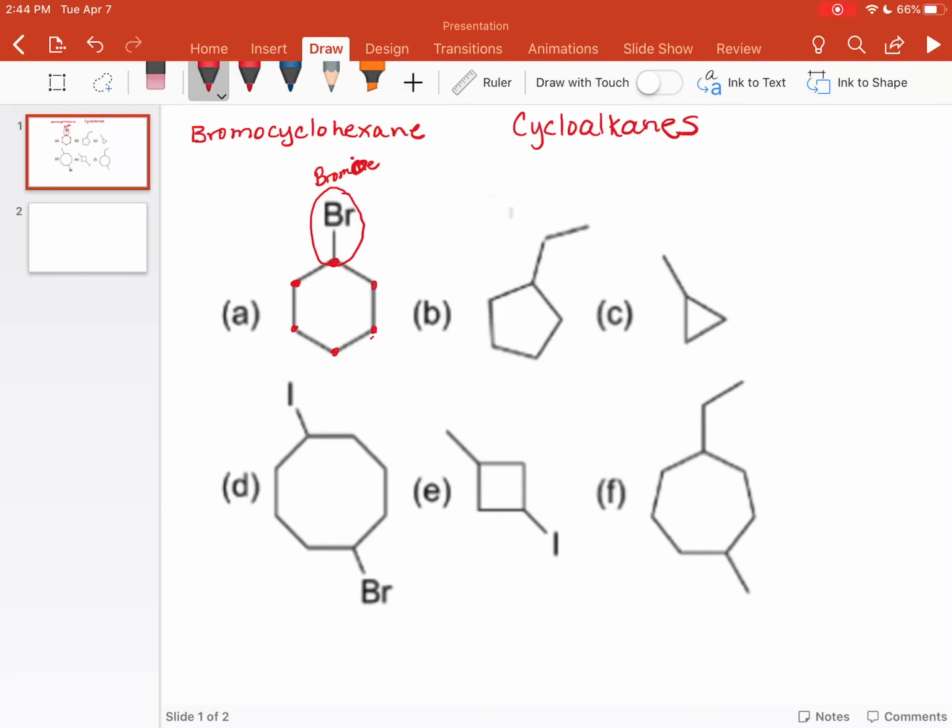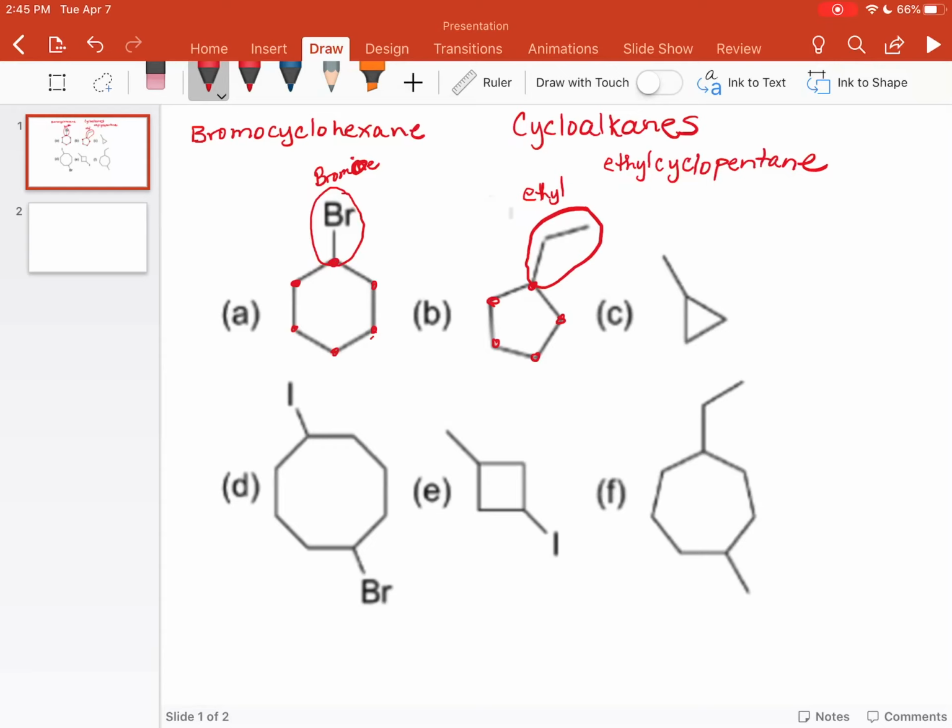So on this one, we have a cycloalkane with 5 carbons. And here we have a zigzag, which is 2 carbons, which means this is an ethyl group. So the name of this one, B, would be ethylcyclohexane. Oh, I made a mistake. There are only 5, so it's ethylcyclopentane.